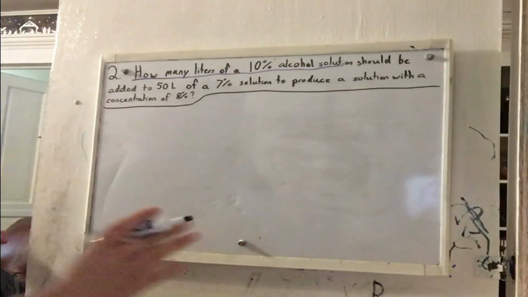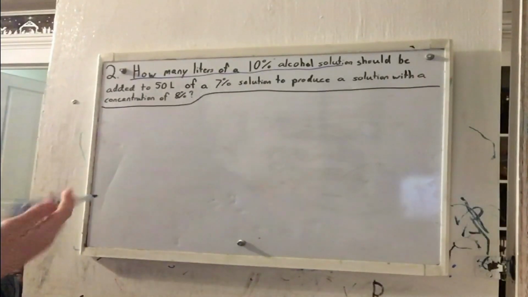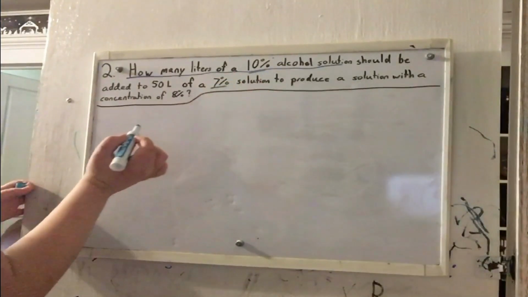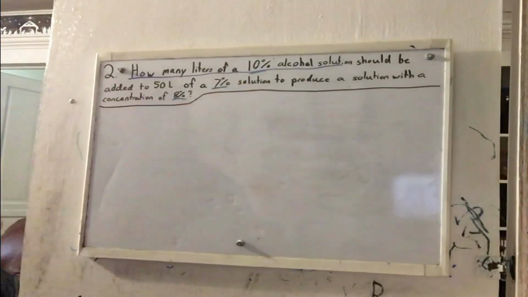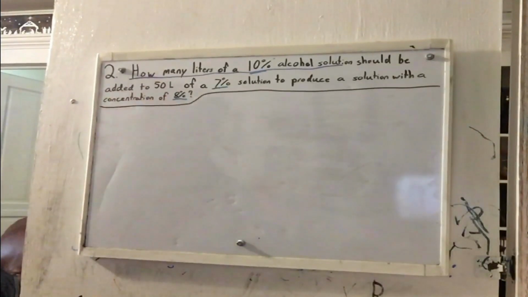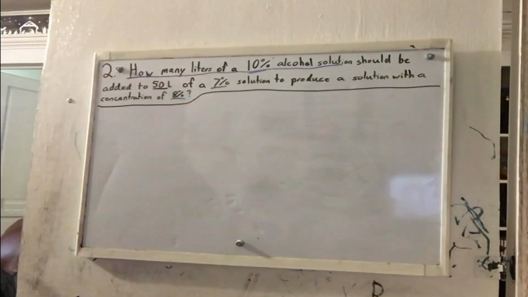Nothing else. Now I'm going to take my other color and underline the rates. We have 7% here, 10% here, and 8% here. And we know that our amount is 50 liters. I'll show you now why it's different.